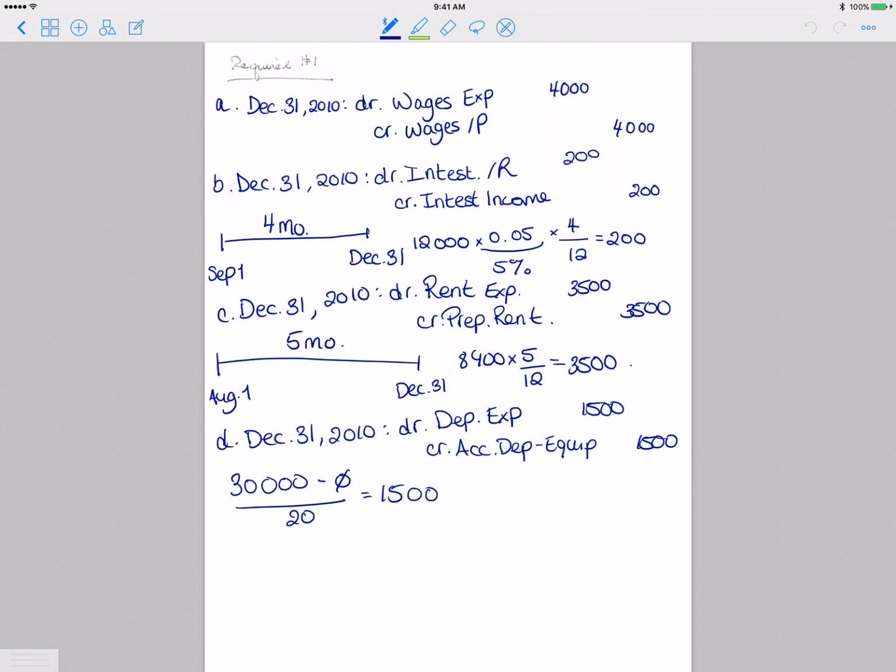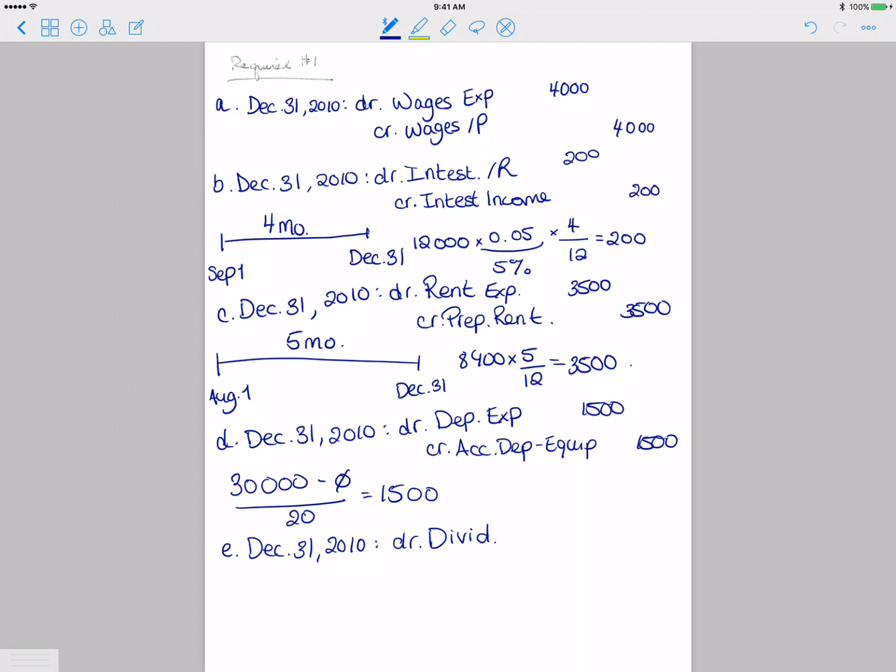So for E, we're looking at just, again, we've declared at December 31st, 2010, we've declared dividends. Now, there is an option, depending on how your teacher explains this, to go straight into retained earnings.